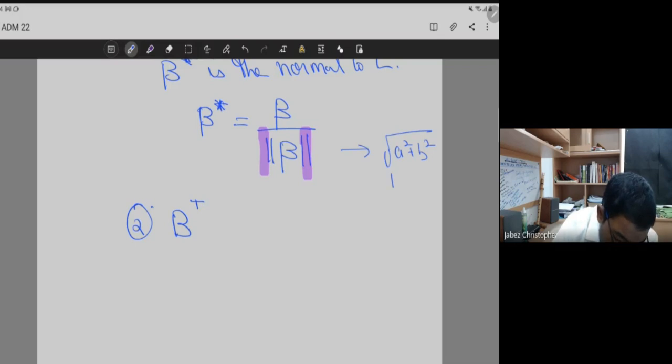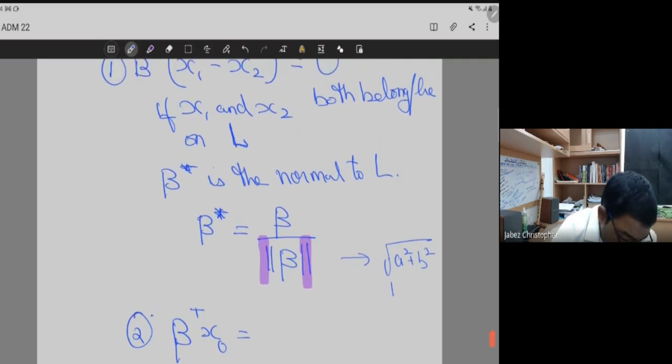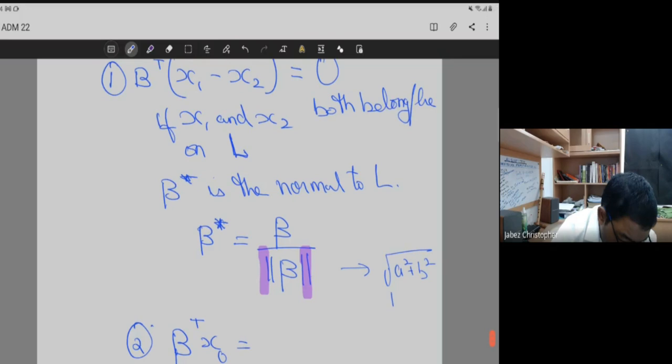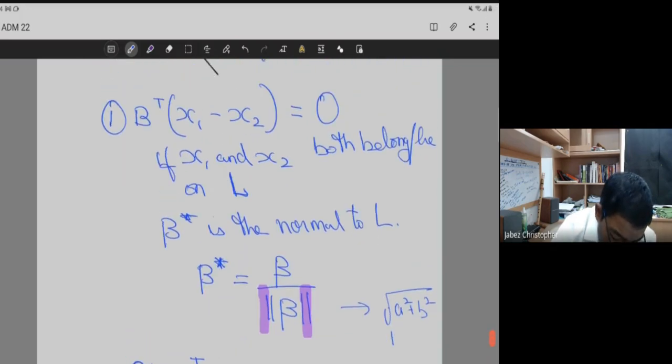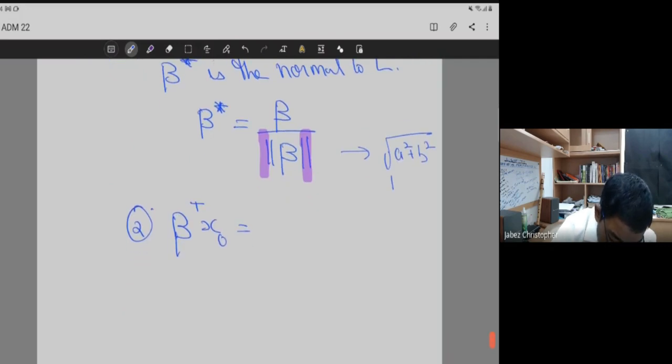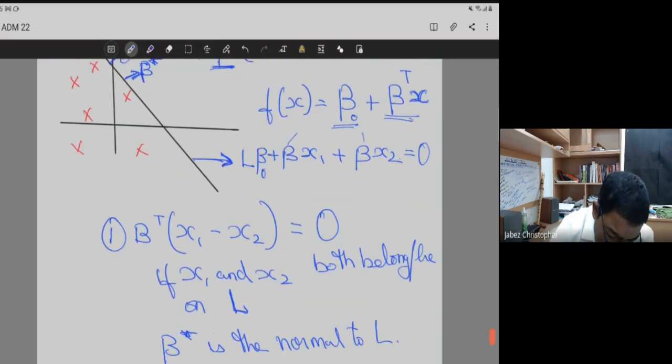So beta transpose x naught, what will it be? In 1, beta transpose x naught will be... because in 1 beta naught is left out.